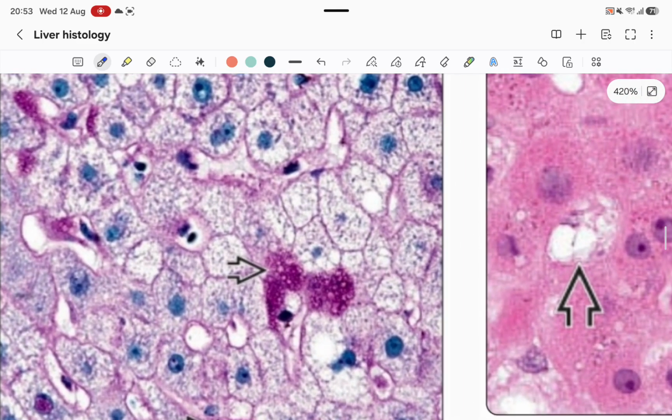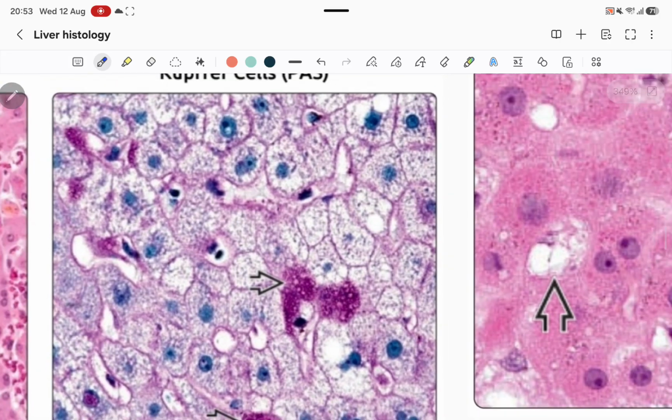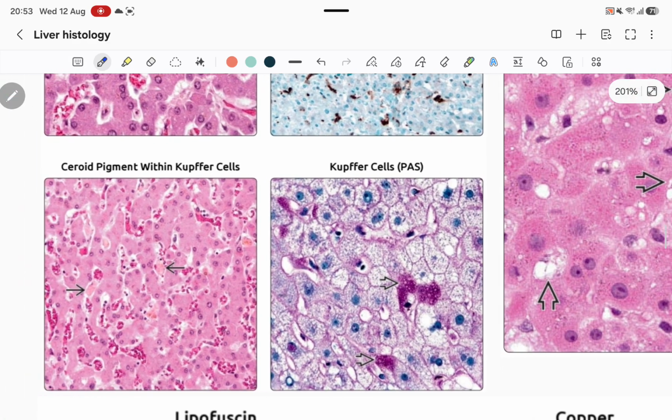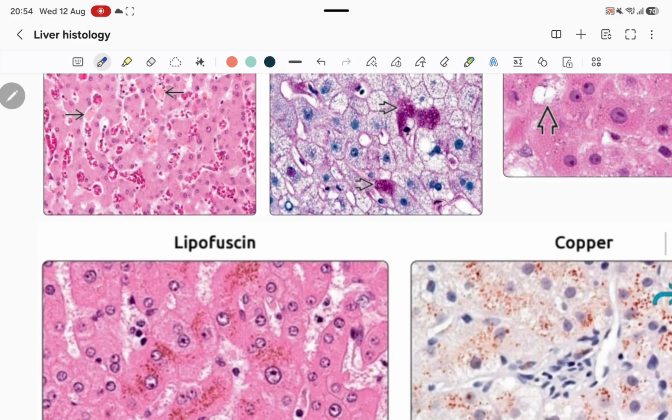In any case, Kupffer cells, here they are. You have iron, you have things that stain inside of them. This is a PAS stain, and it's showing that they have something inside of them. Could be hemosiderin, could be something else, but I think that it could be hemosiderin really. Ceroid pigment within Kupffer cells, so this is ceroid pigment, probably bile.